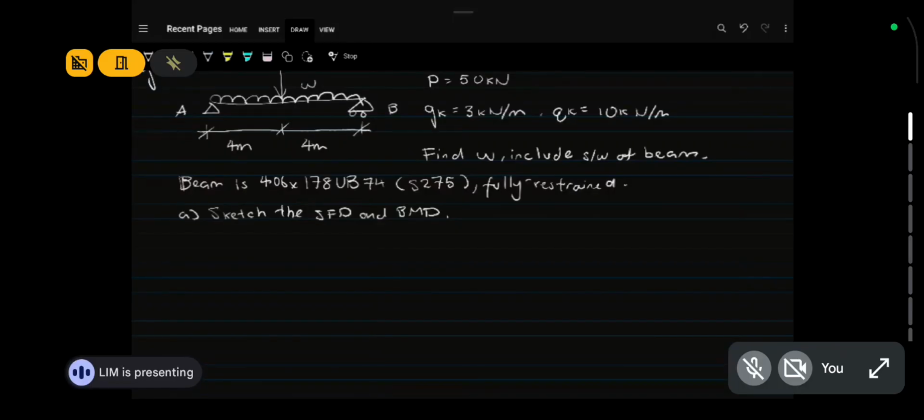Before you can sketch the shear force diagram and bending moment diagram, you have to find W. So let's find W. For the 406 by 178 UB74, we know P has been given as 50, but W we don't know.